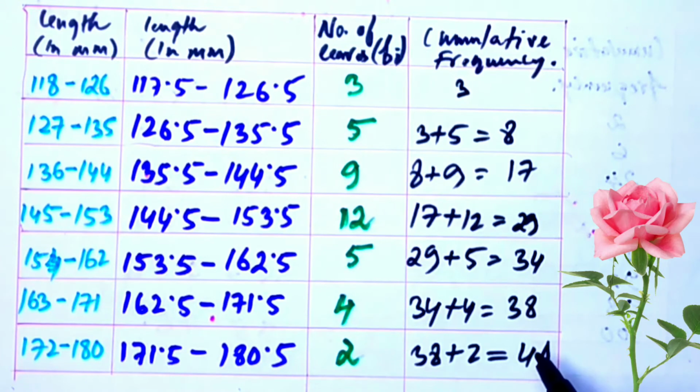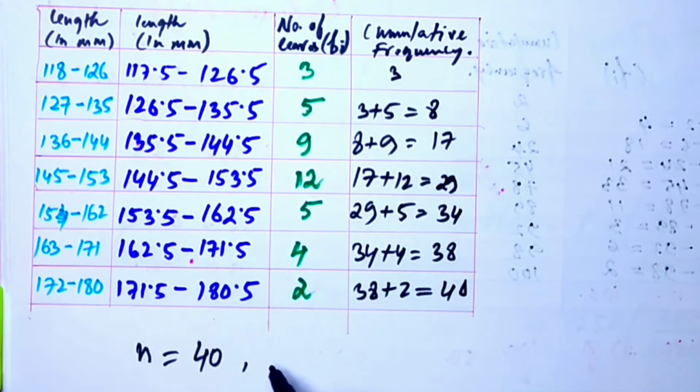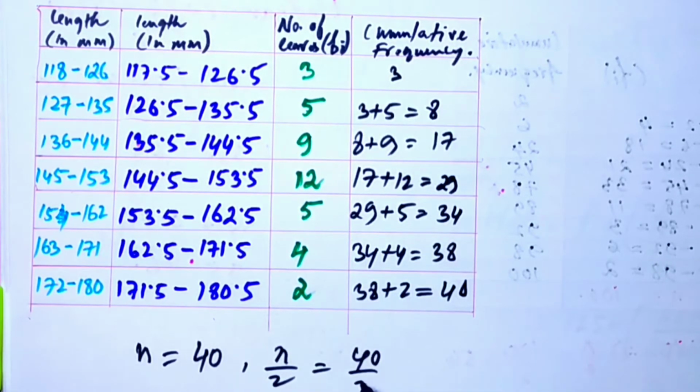So it can be observed that n is 40. So we find n by 2, which is 40 by 2, which is 20.